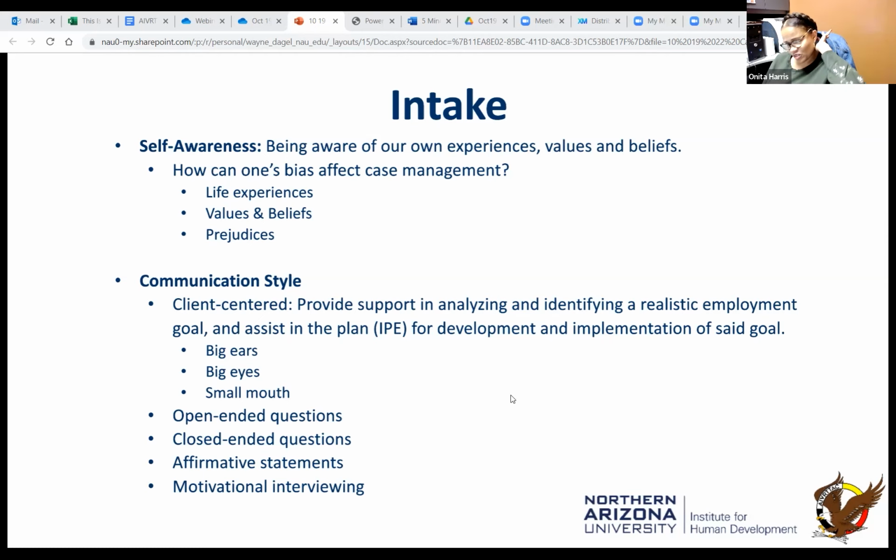Life experiences include being divorced, immigration, if someone moved here from another country and is now a counselor, chronic illness, or the death of a loved one that has left us in bereavement, to the point where we feel like, I don't feel like working, or I don't feel like moving forward. We need to think about how our personal life experiences affect how we case manage and how we interact with other people. Our values and beliefs.